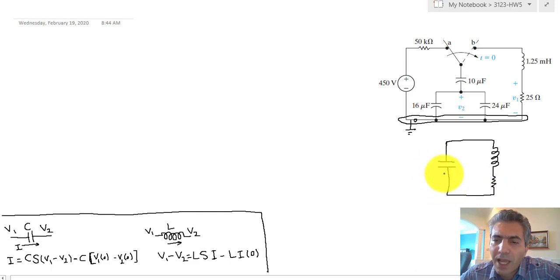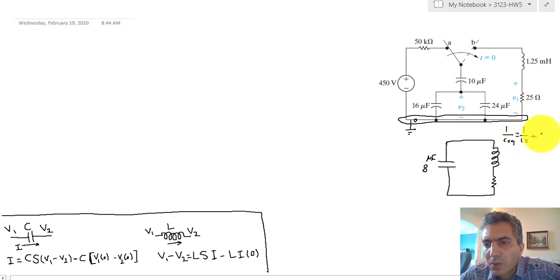And now the equivalent value of the capacitor, like we said, is 10 microfarad in series with 40 microfarad, which ends up being 8 microfarad. Again, to remind you, it's 1 over C equivalent is equal to 1 over 10 microfarad plus 1 over 40 microfarad, and from that you can see that C equivalent is equal to 8 microfarad.